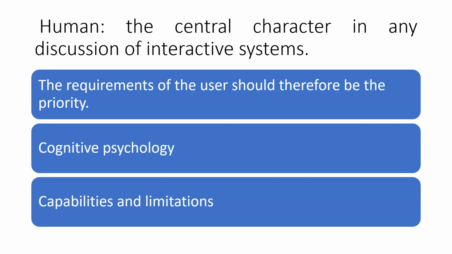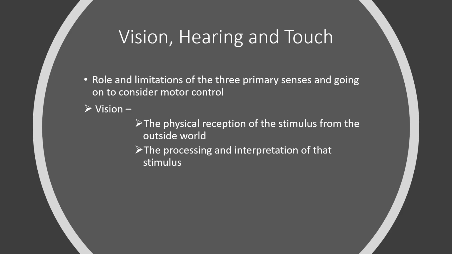So let's see how it is going to work. Vision, hearing, and touch. These are the primary senses with the human. Now we'll be understanding the roles and limitations of these primary senses, and going on, we'll be considering those roles and limitations with the perspective of motor control.